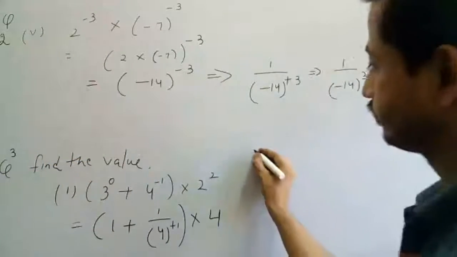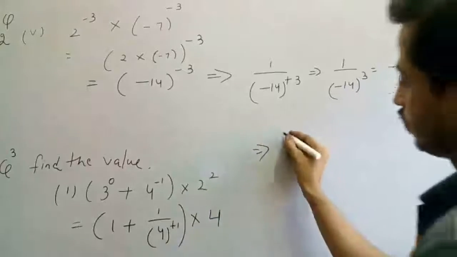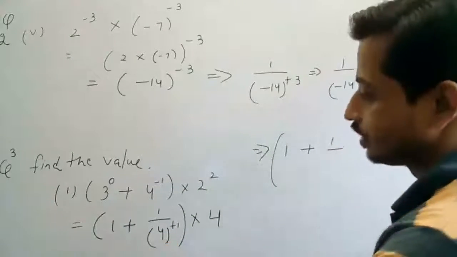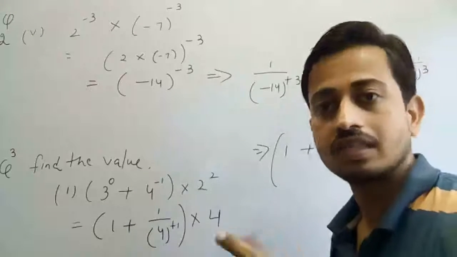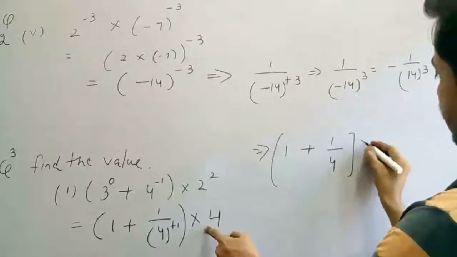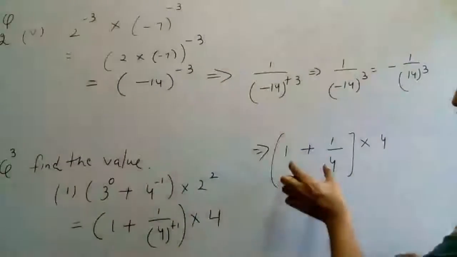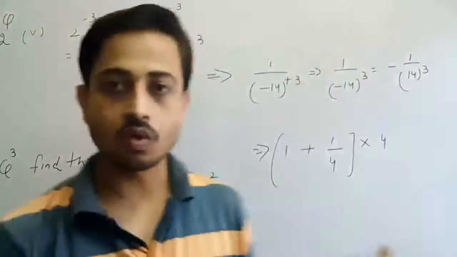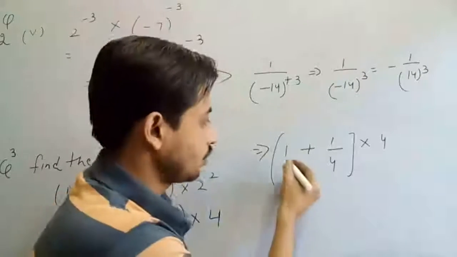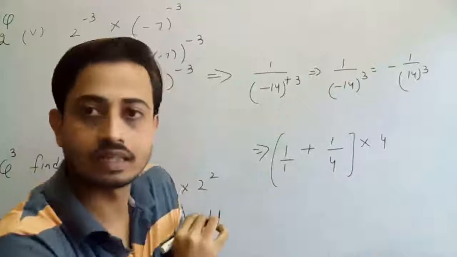I am solving here. 1 plus 1 by 4 raised to the power 1 means 4. Multiply by 4. And this term is what? In LCM form. We have to do LCM. Now make it as rational.